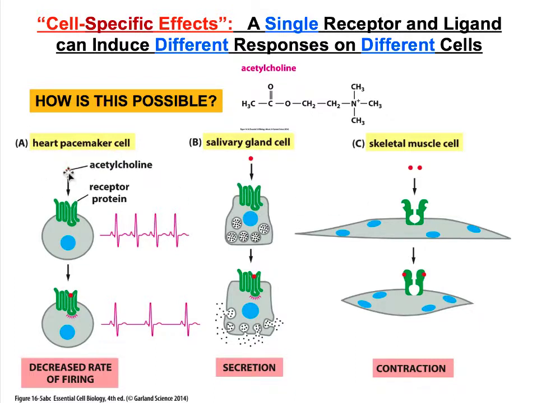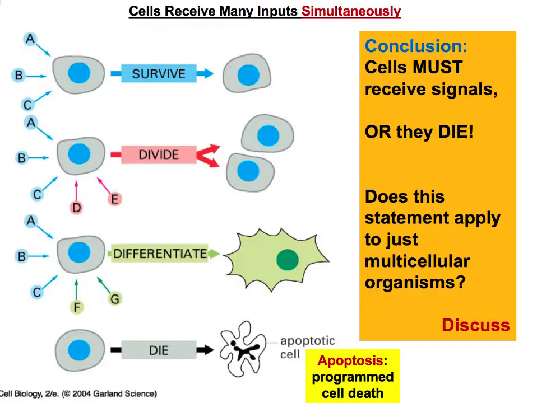Binding to pacemaker cells slows down heartbeat. Binding to salivary glands induces the secretion of saliva. And binding to skeletal muscle causes muscle contraction. Cells have been programmed by nature, evolution, to continuously be stimulated by signals from the environment.